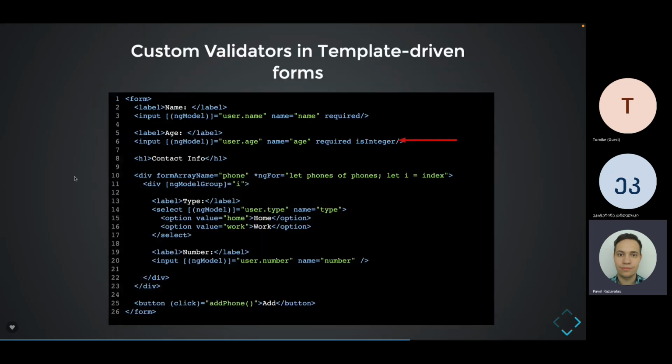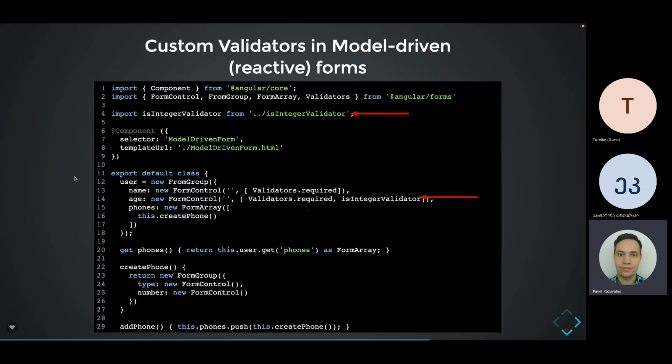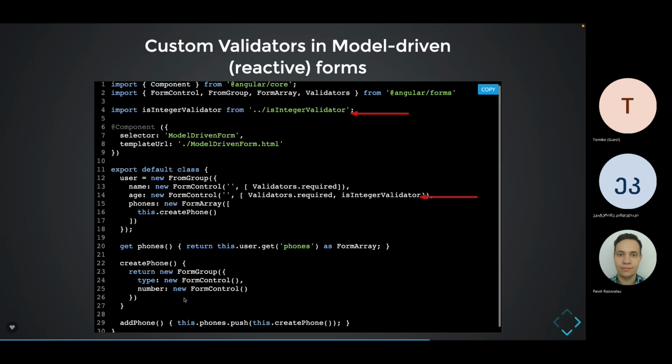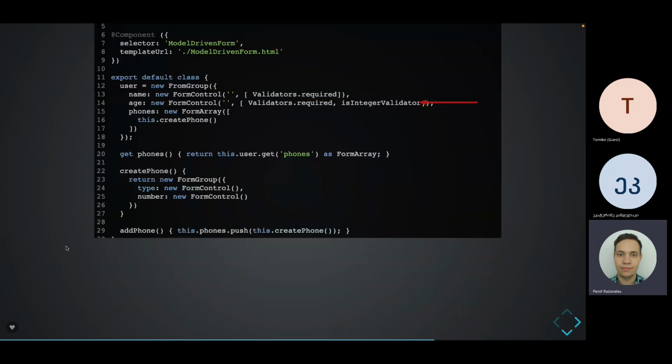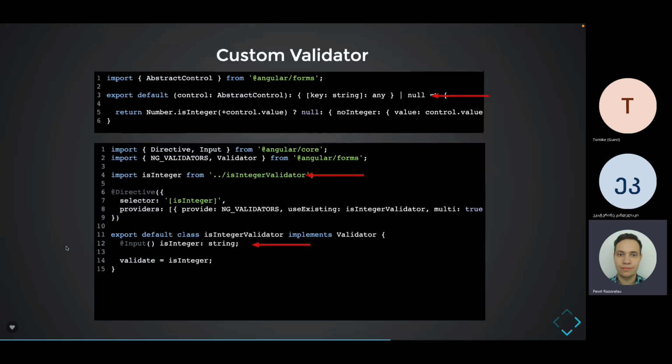All right, so moving next. As for the reactive forms, we simply create a helper function that accepts, well, actually, this function that we recently created is used both for template-driven and reactive forms.